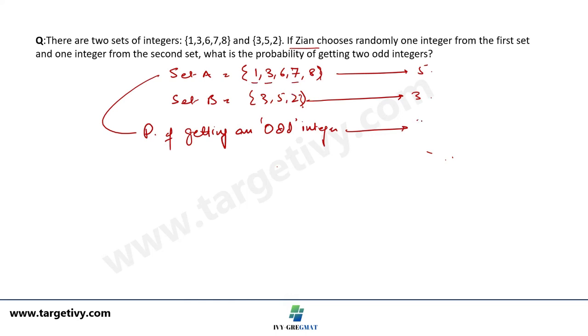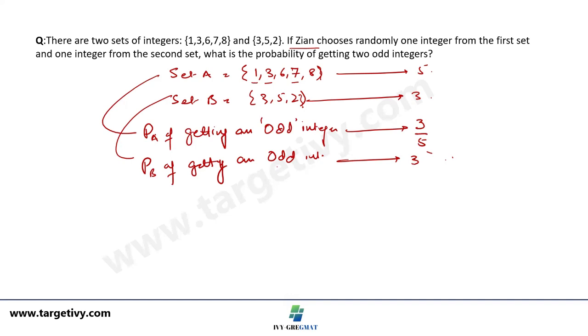There are three odd integers, 3 by 5. The probability of getting an odd integer from set B, so let's call it P(A) and P(B). I'm sorry, this will be 1 and 2. So 2 by 3.